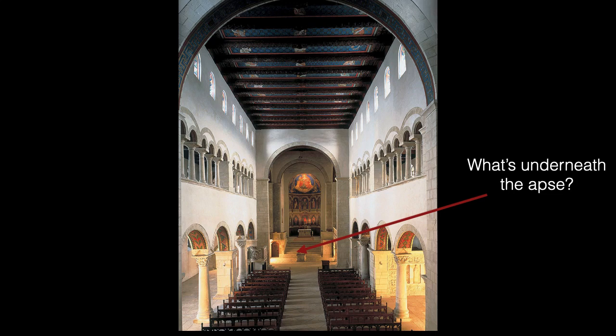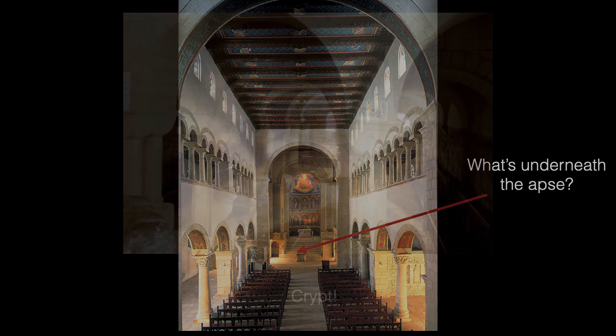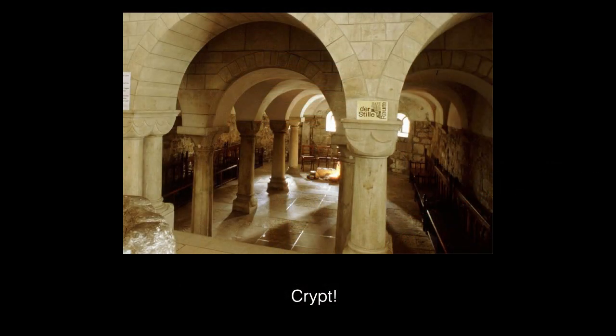And what that means is, in fact, there was a fairly sizable space underneath the altar, underneath that apse, accessible by the little door that is just left of the red arrow. So the question is, what was underneath the apse? And here's the answer: a crypt.